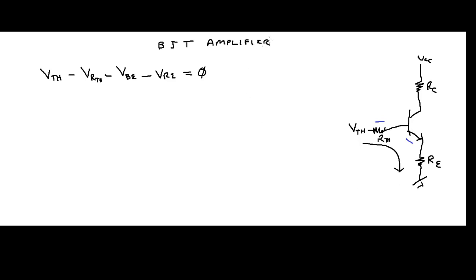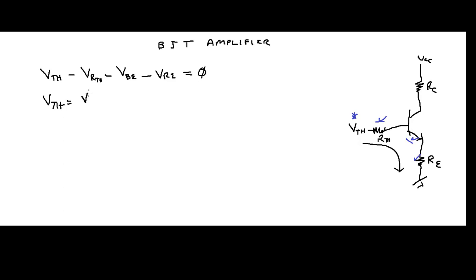Got it? Remember, you started right here. That's your positive voltage. You're going to have a voltage drop here. You're going to have a voltage drop here. And you're going to have a voltage drop across RE. And then it has to equal 0. All right? So, basically now, if we rewrite this, let's just pull VTH on one side and put everything else on the other side, okay? So this will be VTH equals what?